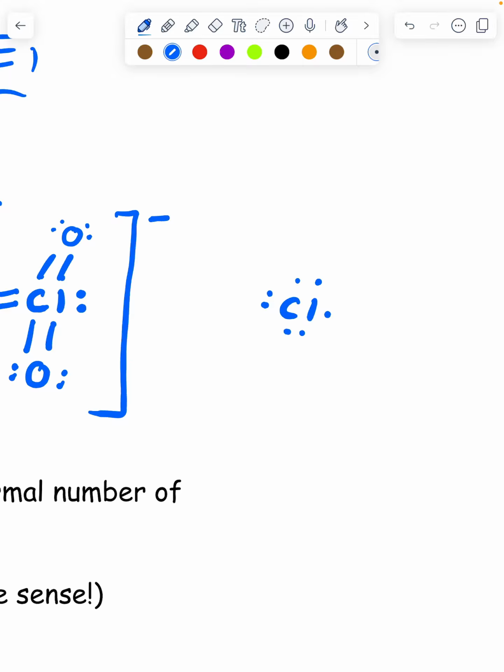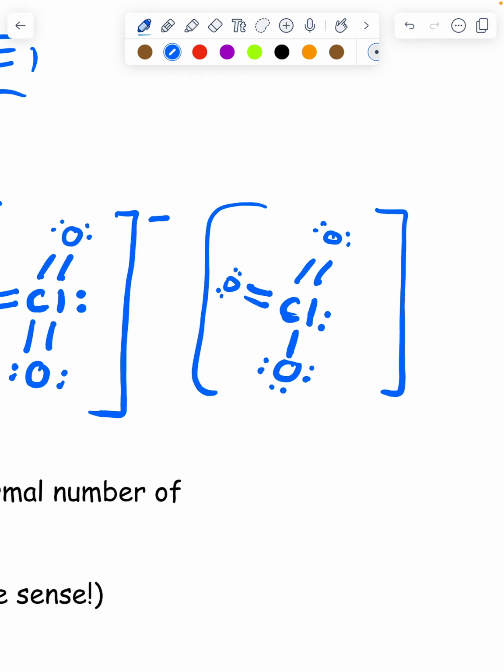Oxygen has 6 of its own, and if I take these 2 electrons that are here and do a coordinate covalent bond, they share out to the oxygen like that. Then I do this just like before, giving double bonds whenever I can to oxygen, and I still have this extra electron that I add here to pair it up.